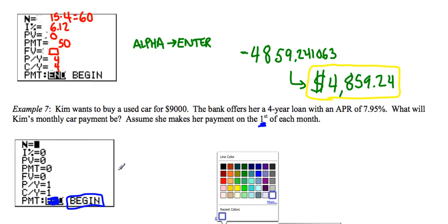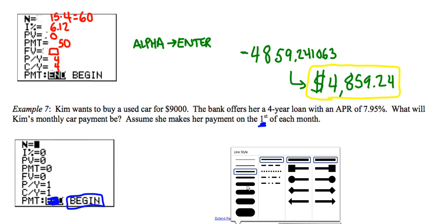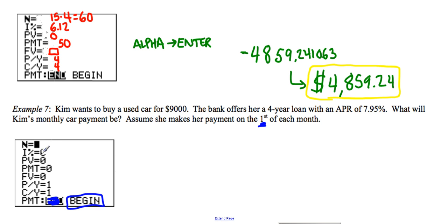Let me get rid of some of these so it's more legible. Now let's see what we've got to work with. She wants to buy a used car for $9,000. So if she's taking out a loan, then the present value of that loan is going to be $9,000.